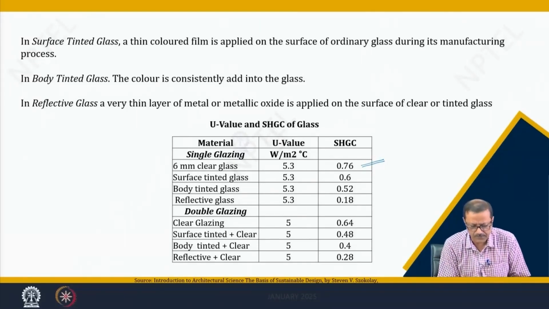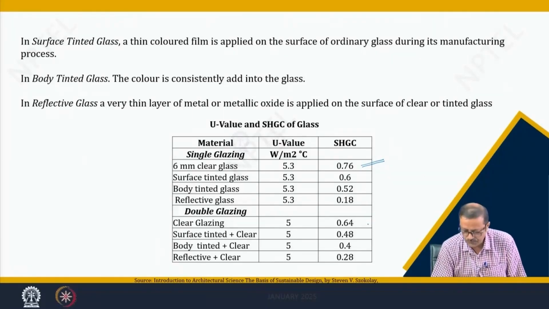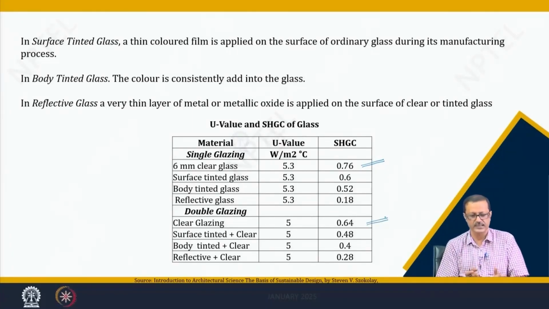Whereas, clear glass of double glazing, where there are two glazings with some air gap, is 64% or 0.64. Now, if I go with the body tinted glass or the surface tinted glass or the reflective glass, I have mentioned the definitions of those.